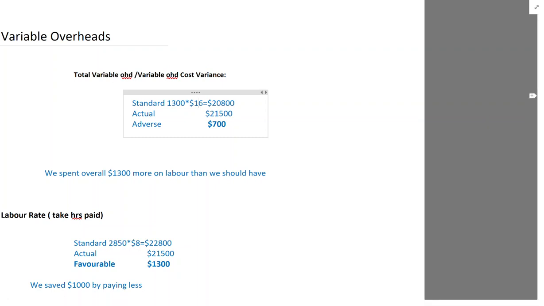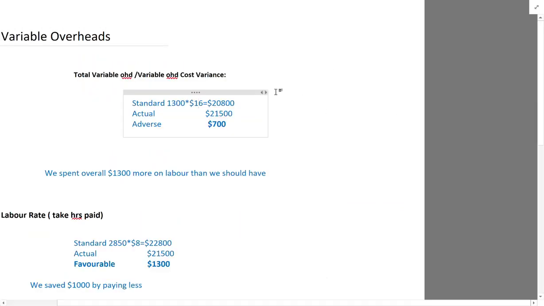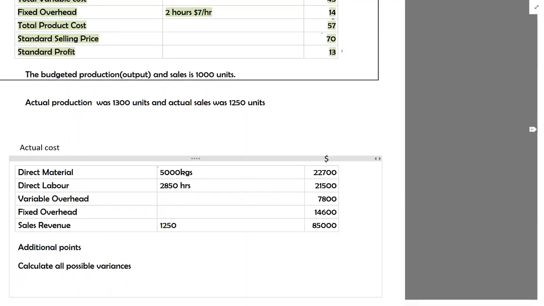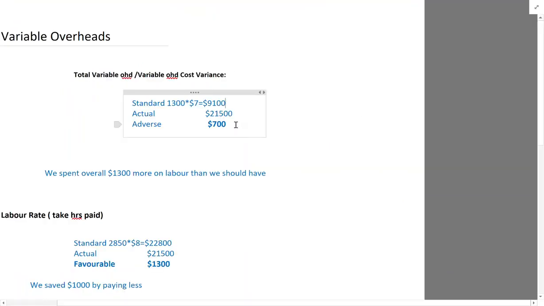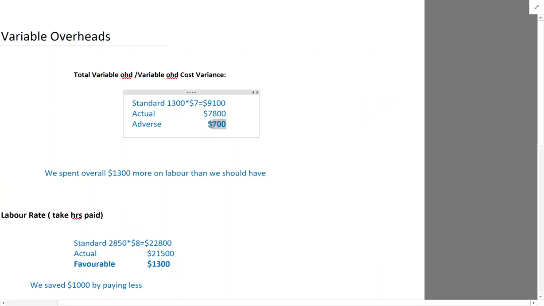So what is per unit? In total we are looking at 7 per unit. So 7 per unit would mean 9,100. But actually we have spent 7,800. Okay. So 7,800 means we have spent 1,300 less.